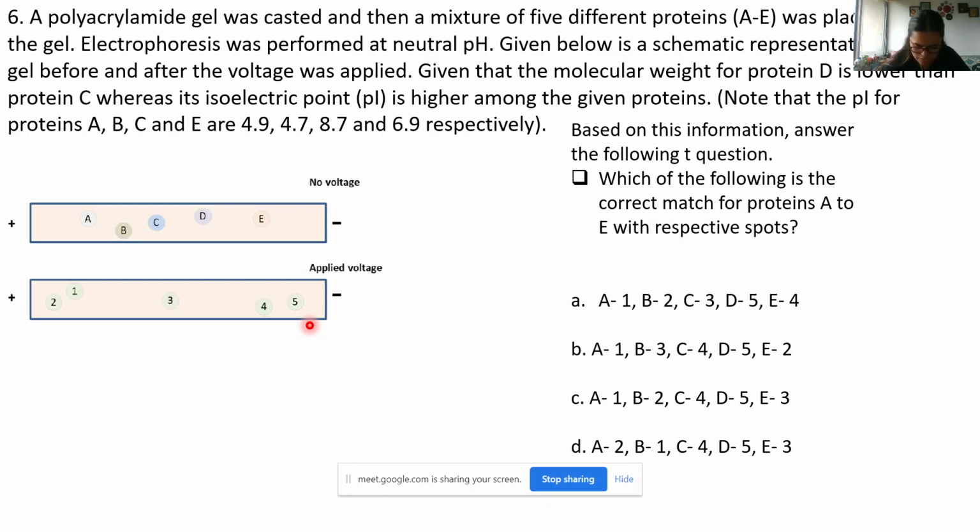Okay, but have you also taken this information that the electrophoresis was performed at neutral pH? So what is the current pH and what is the pI of a particular protein? Both have some relation when it comes to what charge a protein will have.